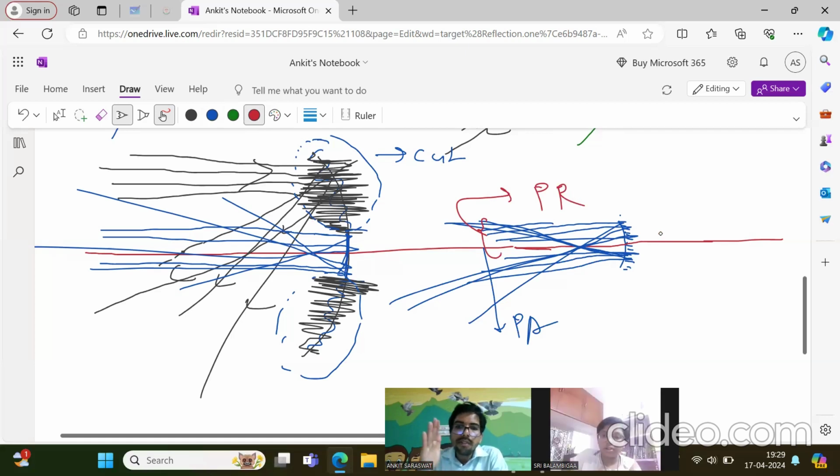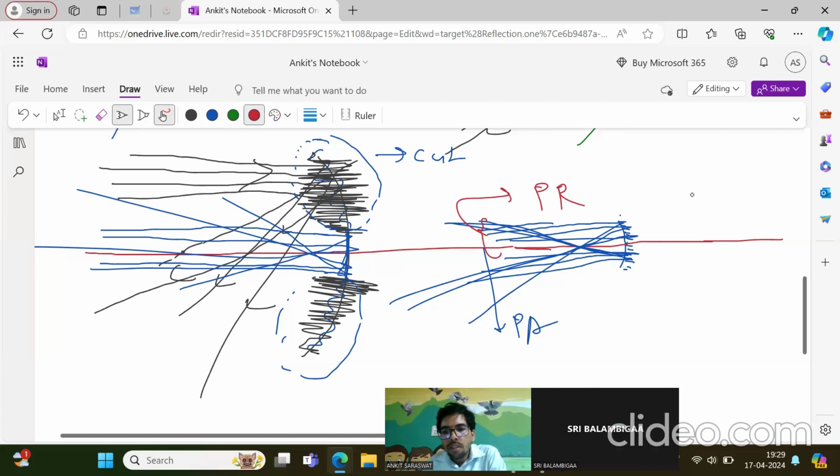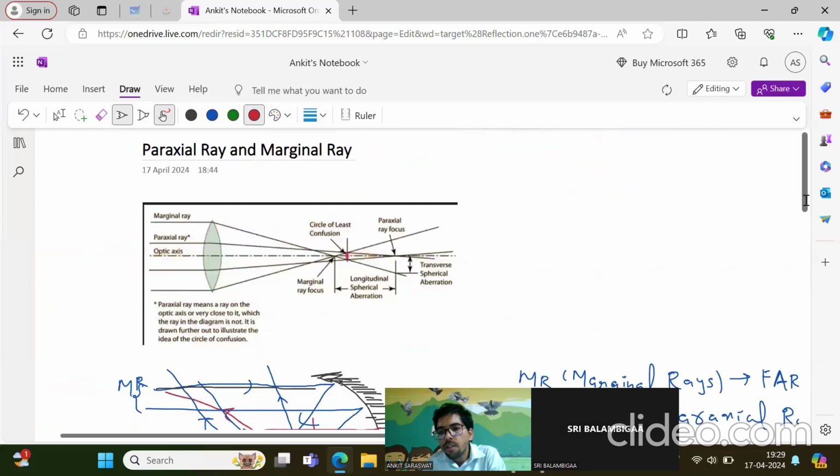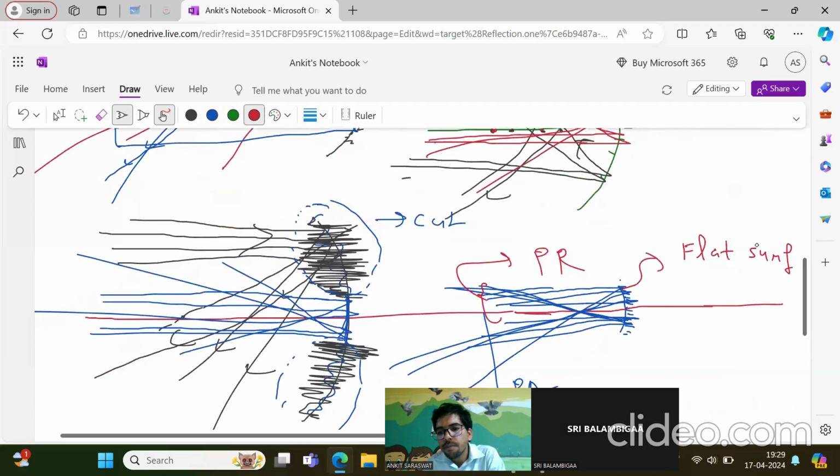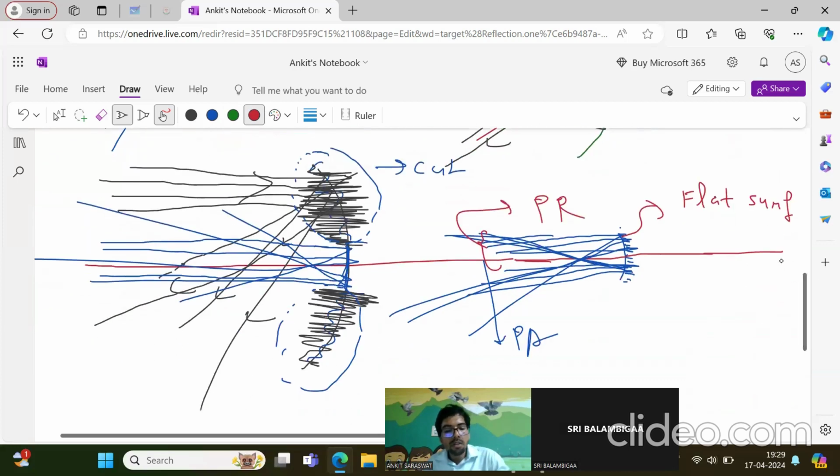So this surface, that is why initially I told the surface must be flat. This is flat surface. It should not be curved. Did you notice this? This is flat. Yes, sir. Sorry, I use the wrong term.